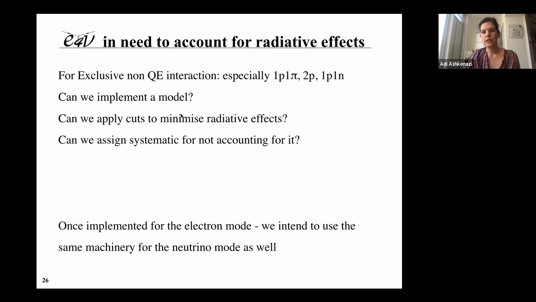If there is no model specifically for meson exchange and resonances, and no way to account for the interference in the radiative effects between the proton and the pion, or the 2 protons, can we think of smart cuts to minimize the effects, or can we at least assign a systematic if we're not accounting for it?